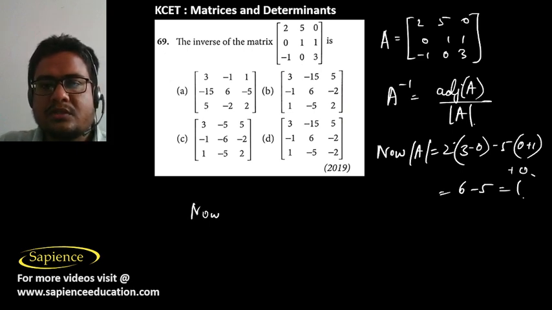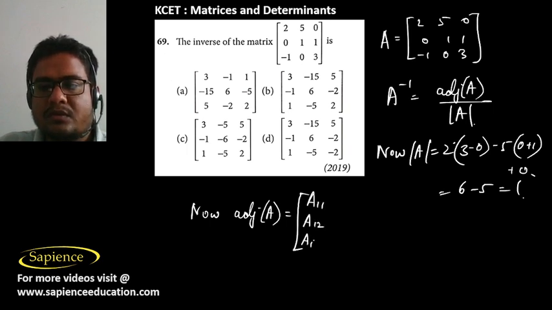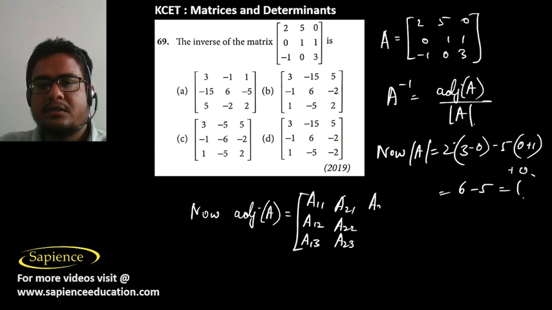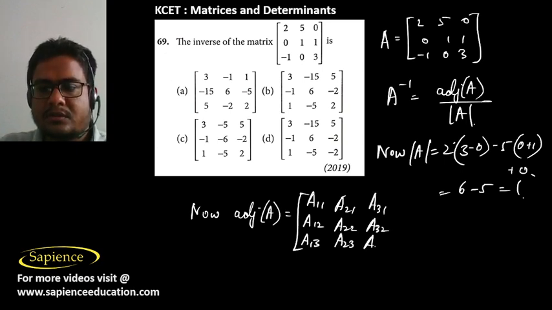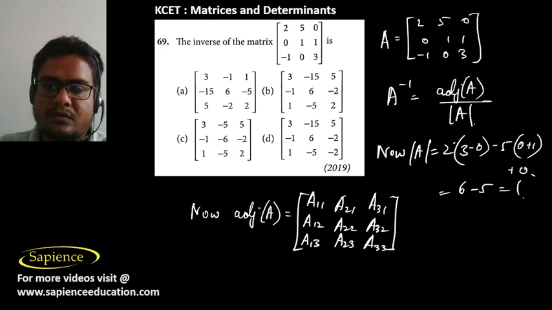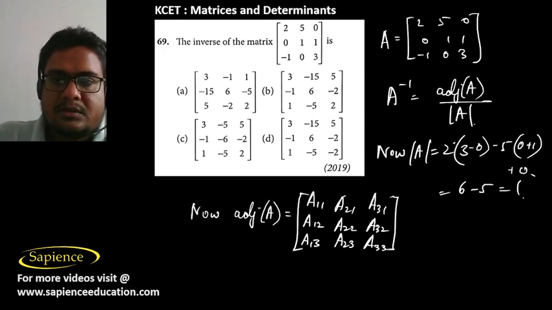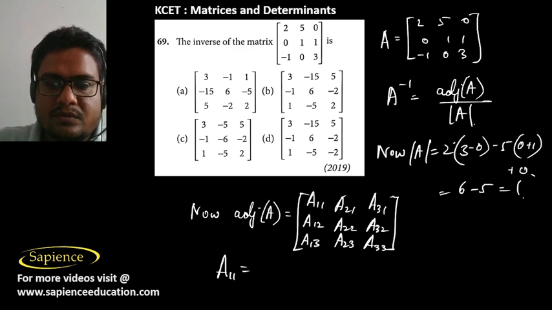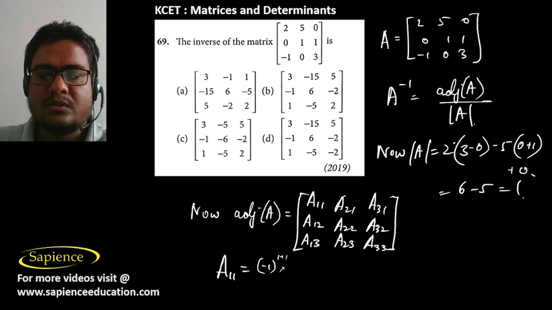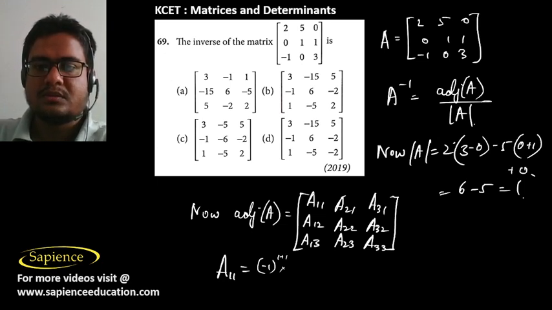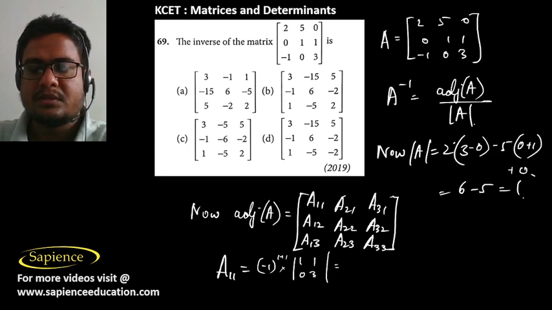So now the adjoint of matrix A is equal to the transpose of the cofactor matrix. This is A11, A12, A13, then A21, A22, A23, A31, A32, A33. We have to find these cofactors. So A11 will be minus 1 whole raised to 1 plus 1 times the determinant of 1 1 0 3, that is equal to 3.